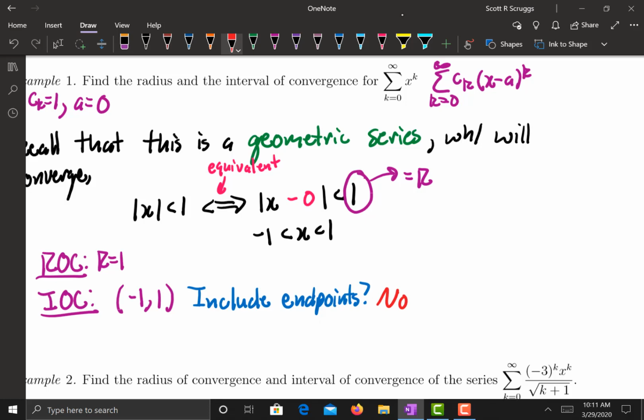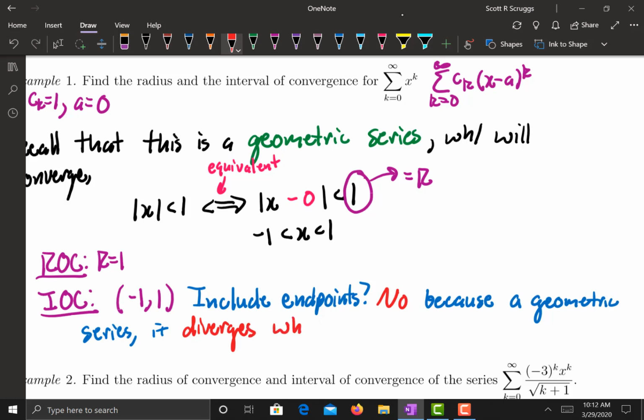However, since we note that we have a geometric series, I'll go ahead and state no, and the reason why is because recall that a geometric series diverges when the absolute value of x is greater than or equal to 1.